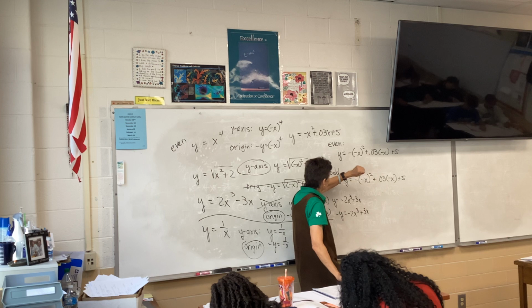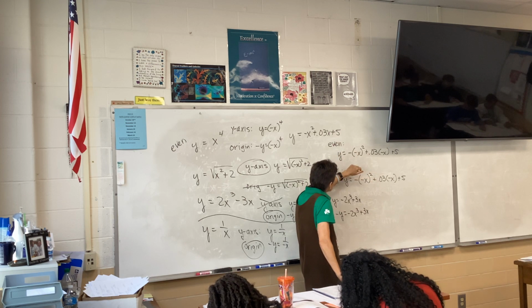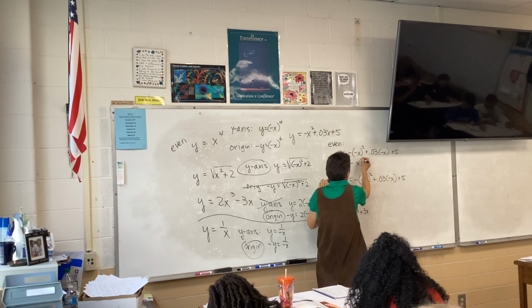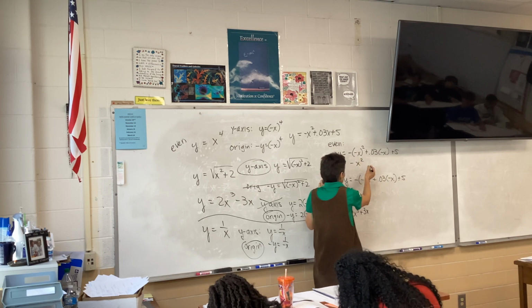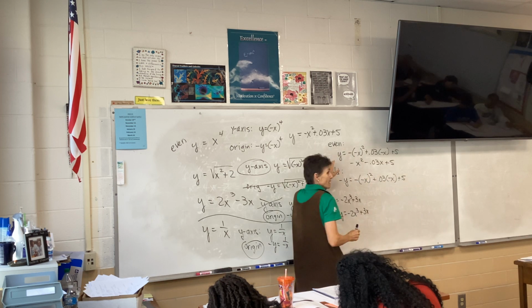Be careful. I'm changing the sign on my x's. Isn't this gonna be positive x squared, so this is still gonna be negative x squared with the negative in front of it, only now it's minus 0.03x. I don't think that's the same.